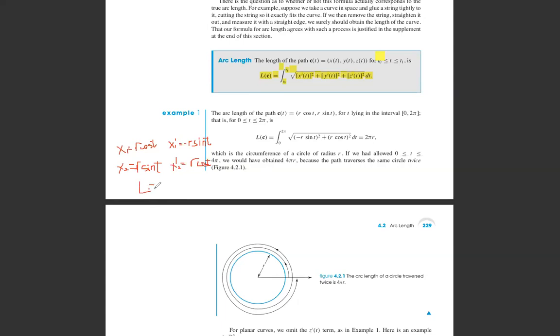So the length is the integral from 0 to 2 pi of r dt, which is 2 pi r. Okay. Any questions?